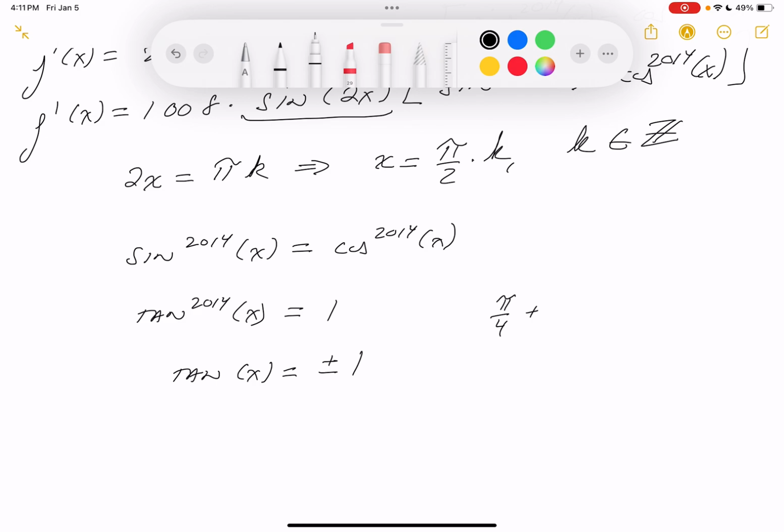Plus, well, it's going to be pi, right? And it's going to be minus pi over 4 plus pi k.